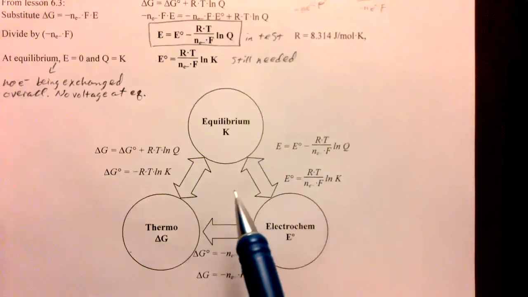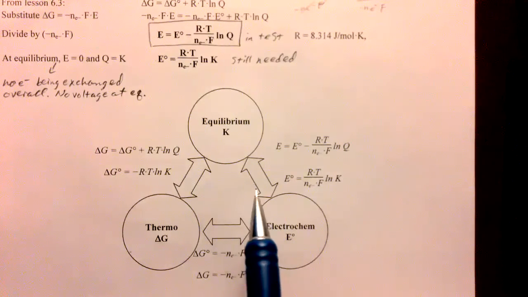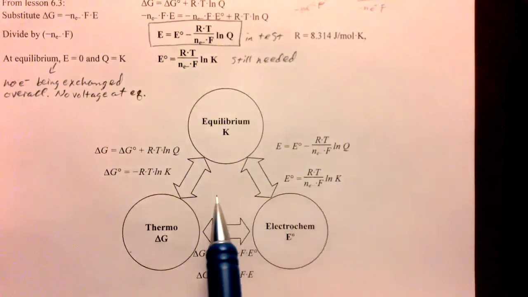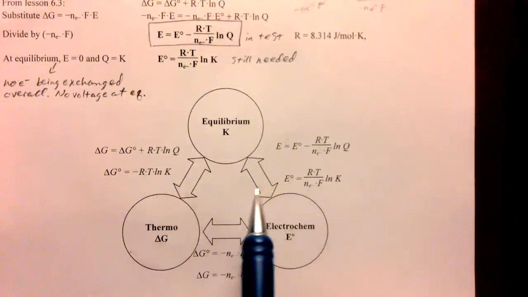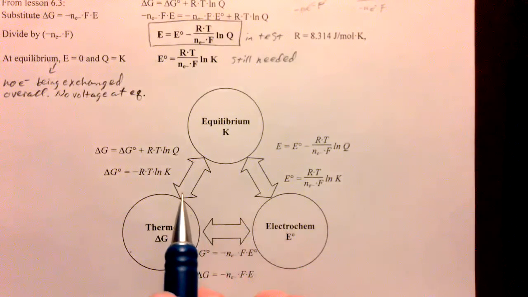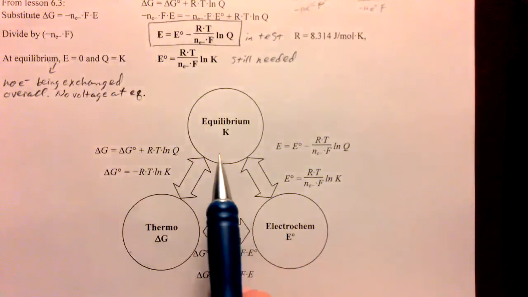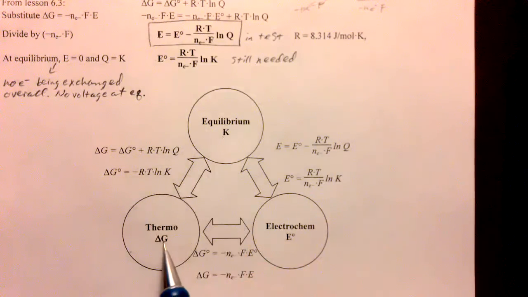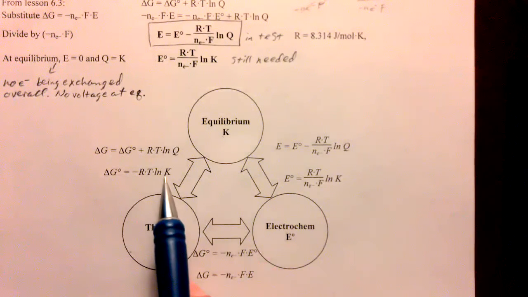So here's a graphic organizer, as some people would call it, about where to use these equations. Now, personally, I think it's a little obvious, and I don't know how much this is needed, because we know that to convert between K and delta G, we would need an equation with K and delta G in it.